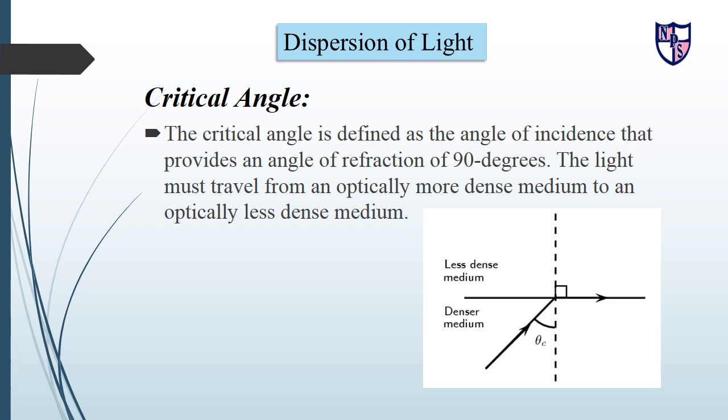If light enters a denser medium from a comparatively rarer medium, the direction of light changes and the light ray bends towards the normal. The normal is an imaginary perpendicular line drawn at the point of contact of light. One important measurement in this regard is the critical angle.